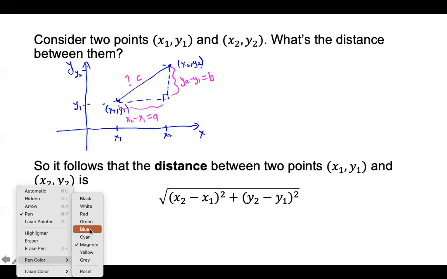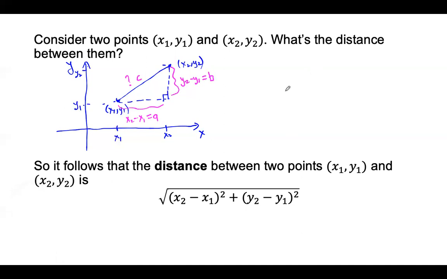Is there a formula for this? I'm trying to draw a triangle here at 90 degrees. So this is our B, Y2 minus Y1, and this is our A, X2 minus X1. And this is our C.